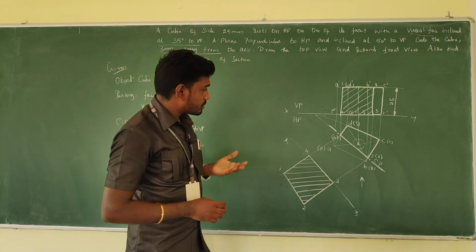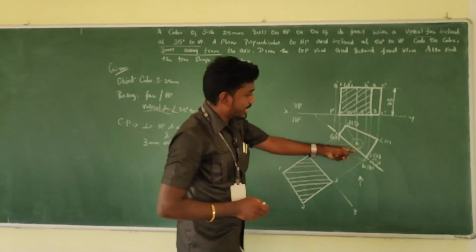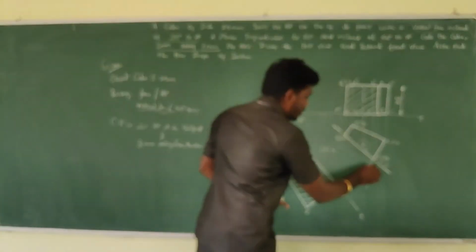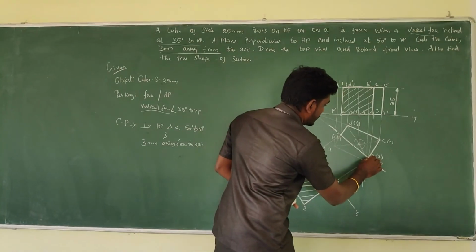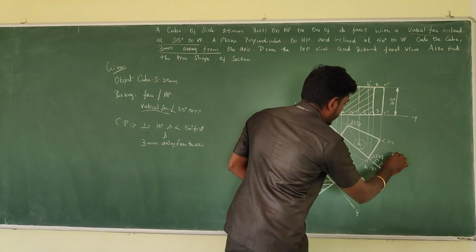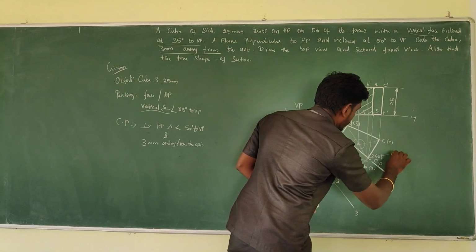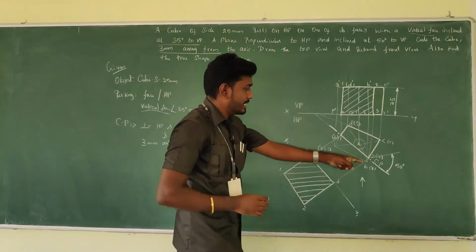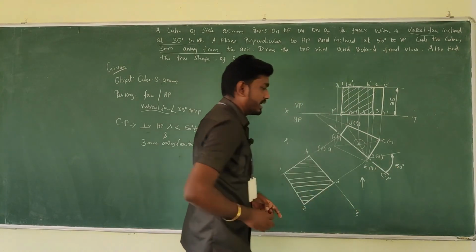And then here the measurement for the CP, the cutting plane, inclination is 50. So here I am going to make a horizontal line, and with the inclination noted like this, write 50 degrees. So it says the CP is 50 degrees.